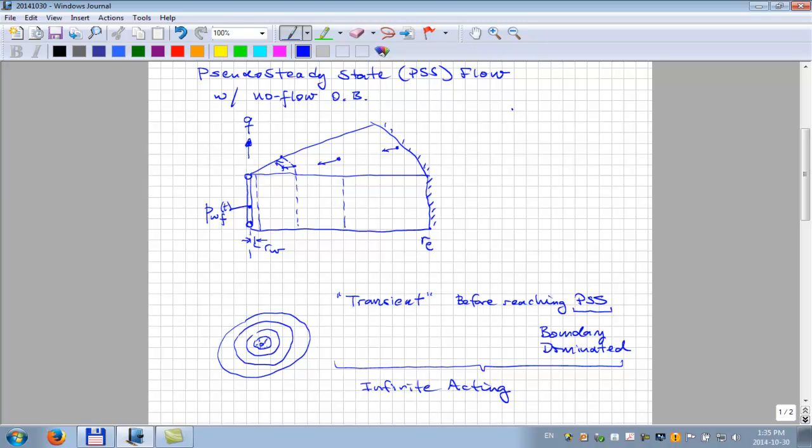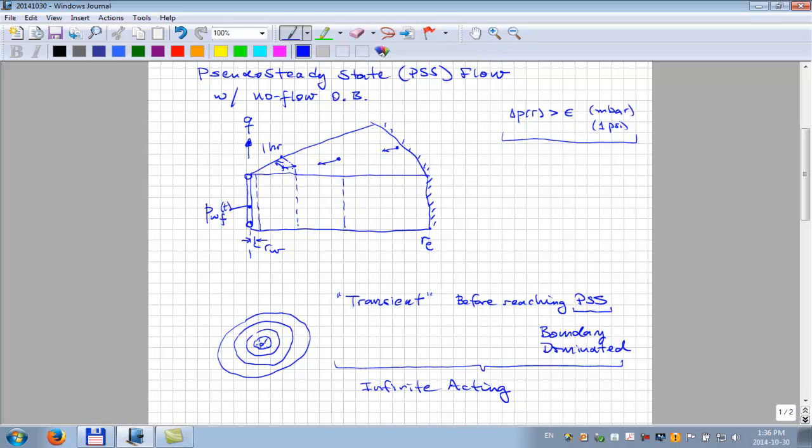If the pressure drop at some radius is greater than some epsilon, it might be a millibar, or 1 psi, or whatever you pick as significant, then it takes 1 hour for the pressure drop at this radius to drop 1 millibar. Now, at 1 minute, it had dropped 0.001 millibar, but we don't consider that important.